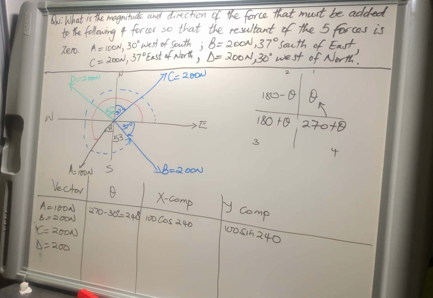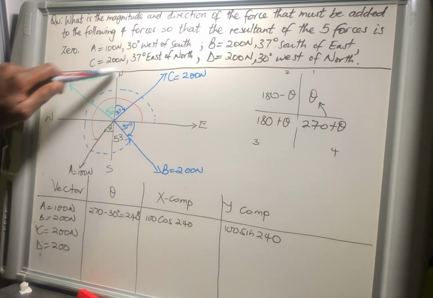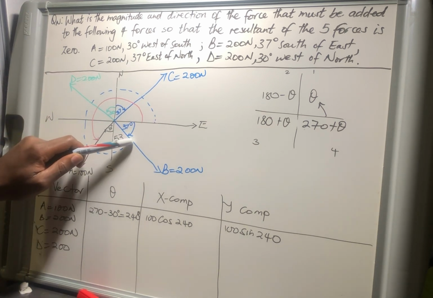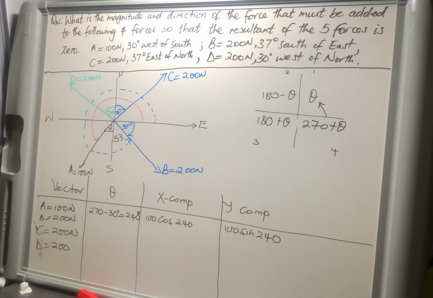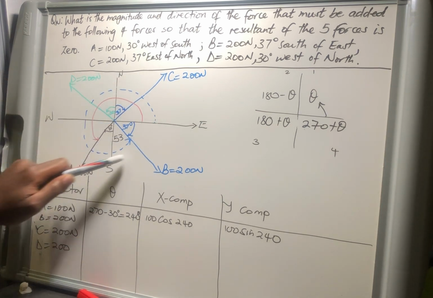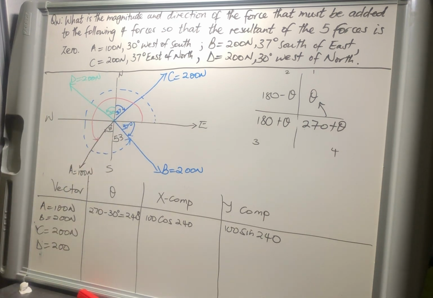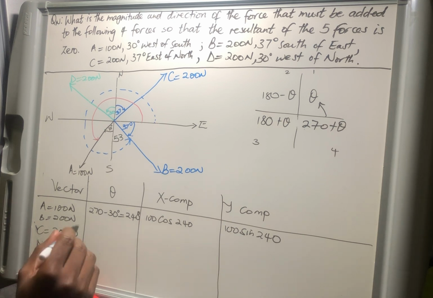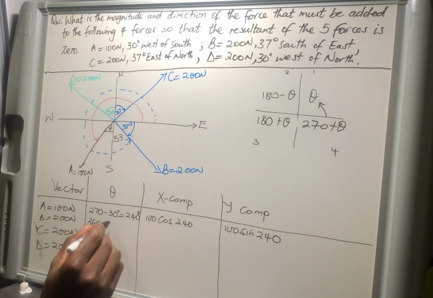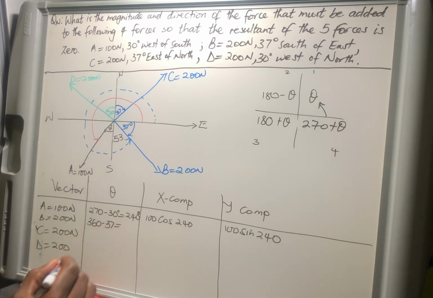So you are either just going to say 270 plus 53 and still get your answer, or you are just going to say 360 for the whole thing minus 37. It's still the same thing. 360 minus 37, let's just use that. So 360 minus 37, and you will get your answer there as 323.